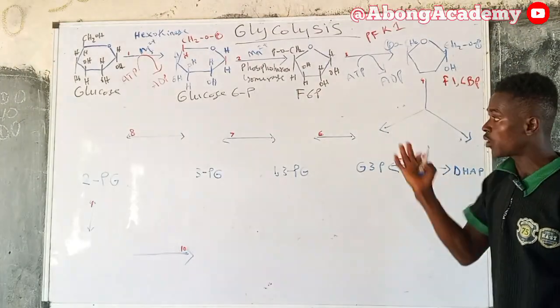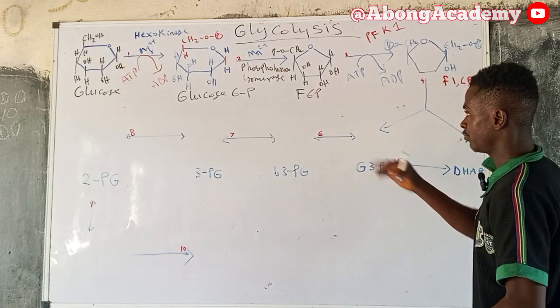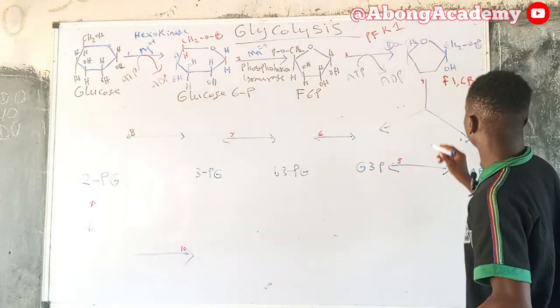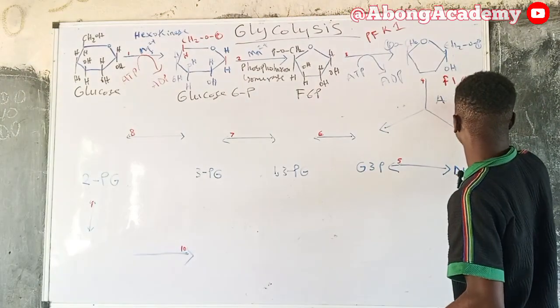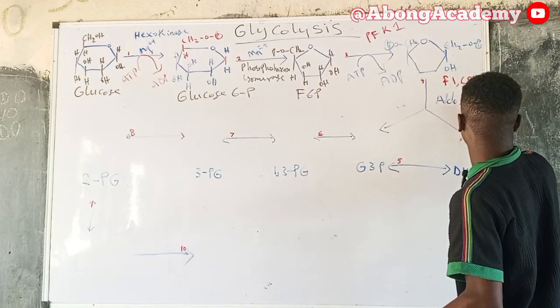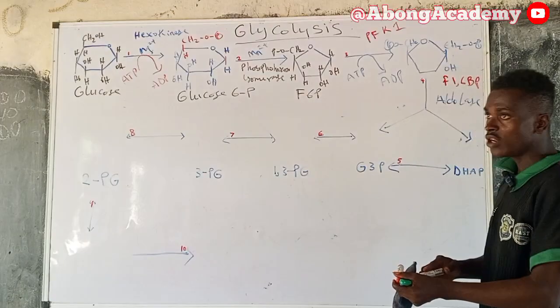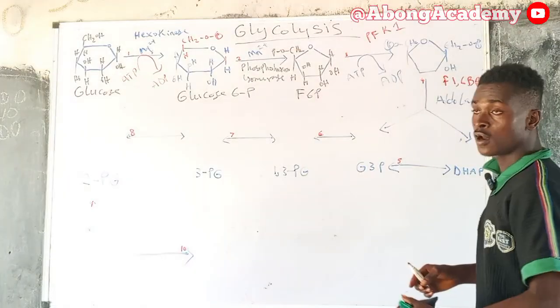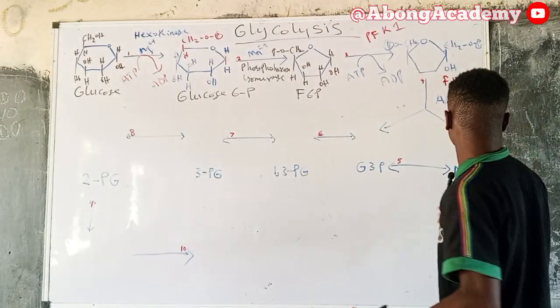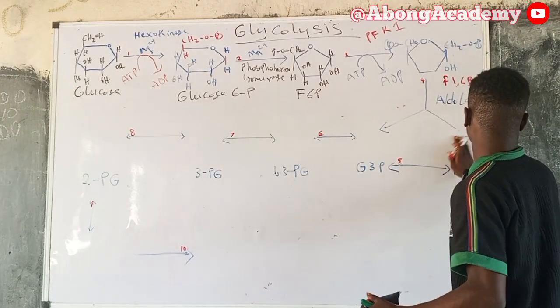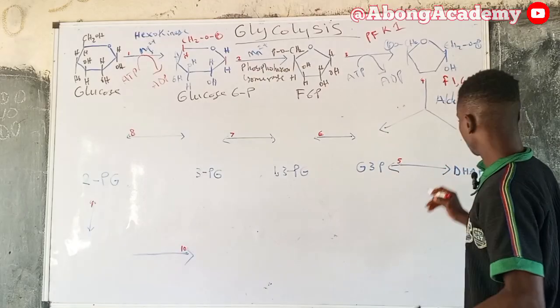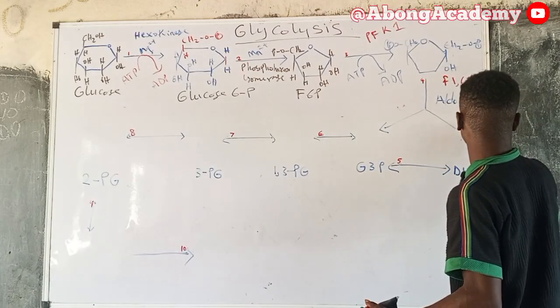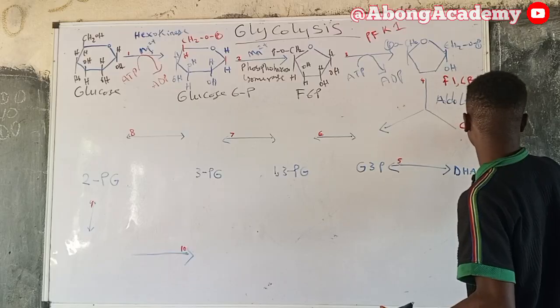There are 2 of them which we are going to see in the other step. Now, aldolase is going to do the splitting of fructose 1,6-bisphosphate to glyceraldehyde 3-phosphate and dihydroxyacetone phosphate.